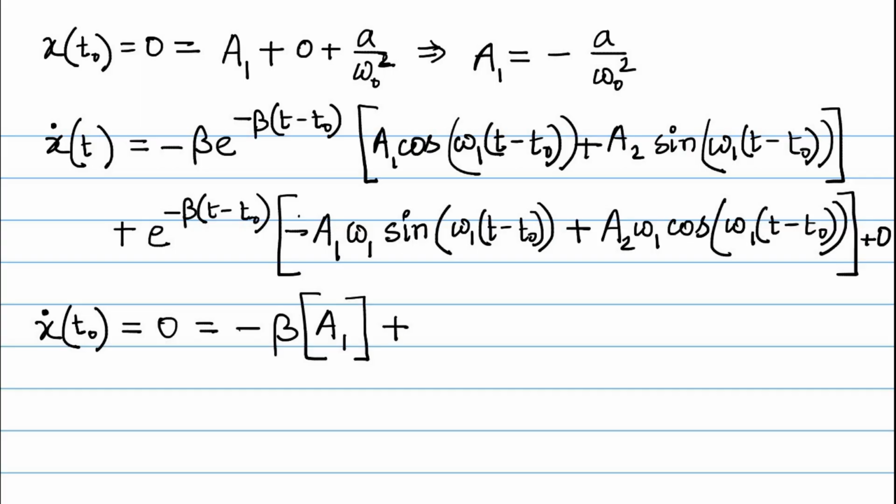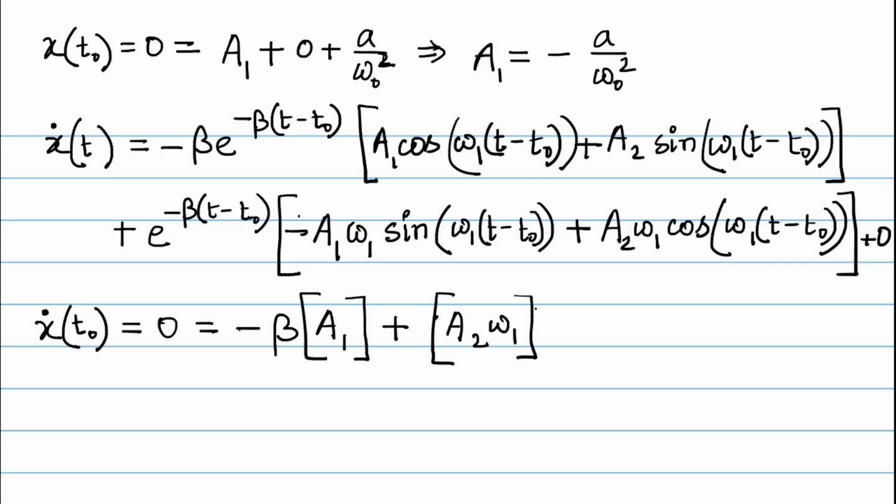What about the second term? Again, the exponential factor is just 1. So inside the square bracket we have 0 in the first place, because sine of 0 is 0. And for the second place we have a2 omega 1 times 1.